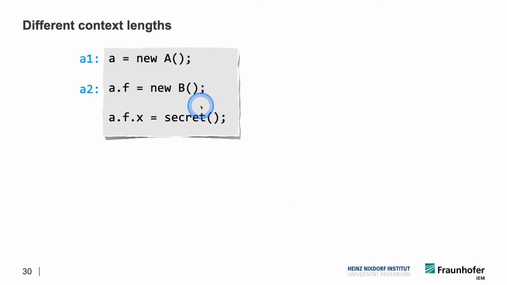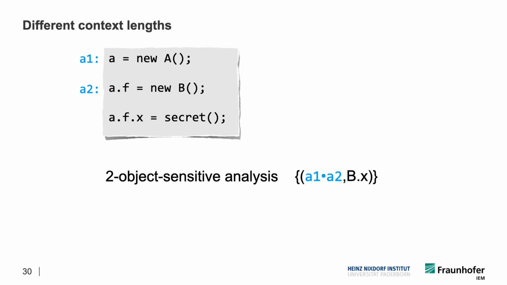So let's assume we have the following little program. And here we again have two different call sites, okay? So we have an object A that we are creating, then we have another object that we are initializing this field a.f with, and then we're actually tainting that object's field x, okay? Now, you can have a so-called two-object-sensitive analysis here, which would tell you the following.